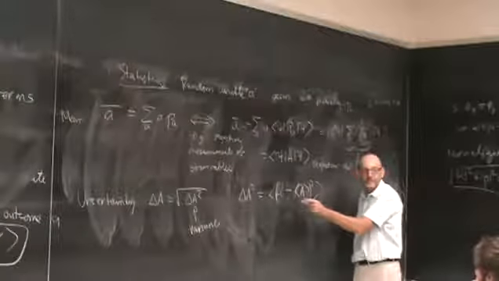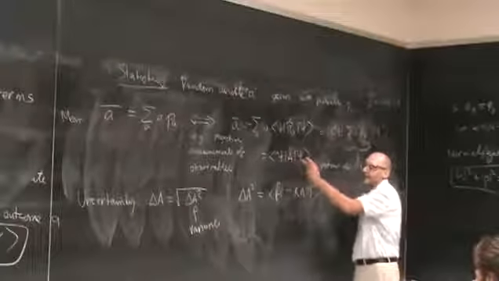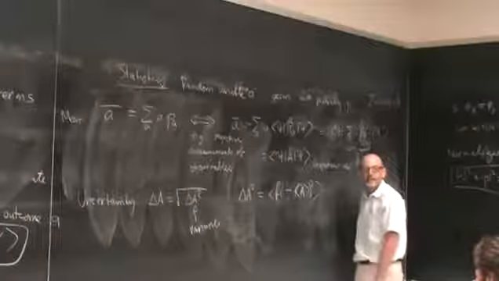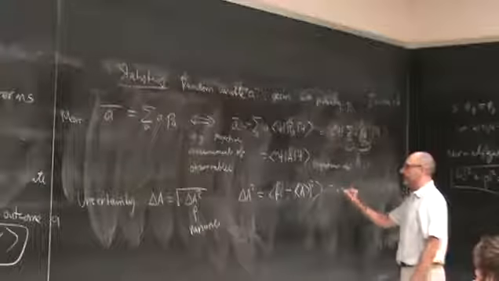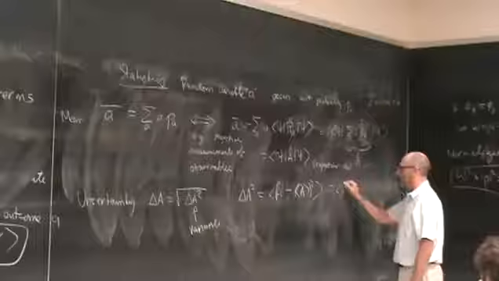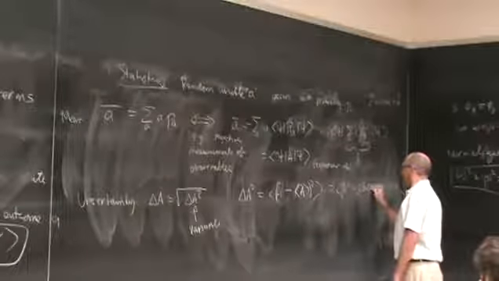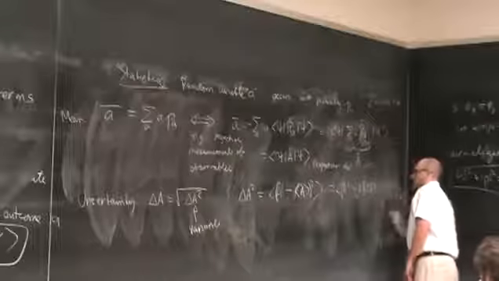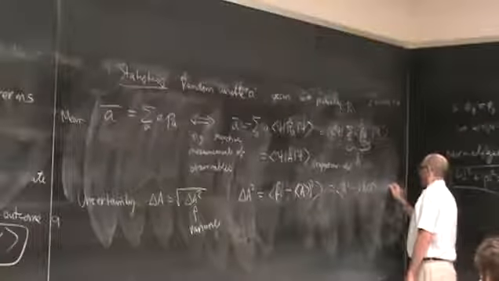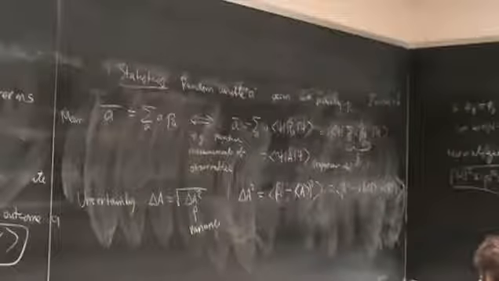That's the variance. This value, when I'm doing this, is with respect to a state. I'm not going to write out the state. So I can write this out. This is this squared minus twice this times that plus this squared expectation value.